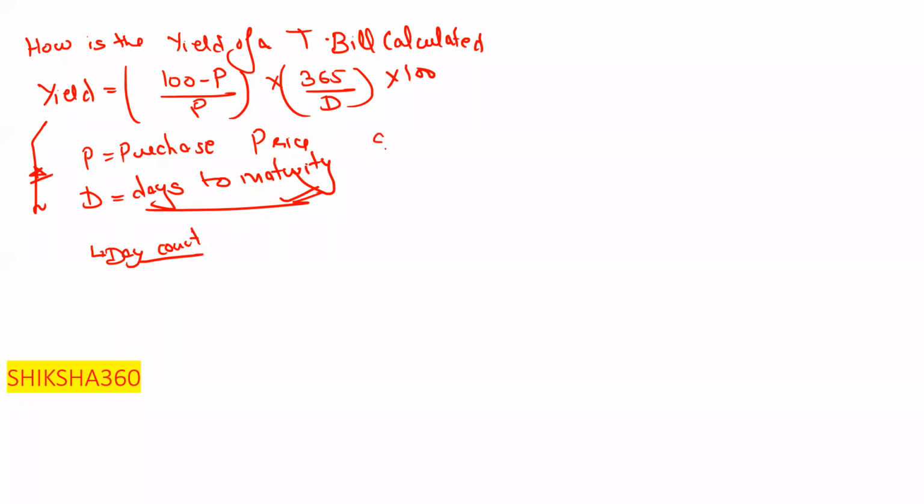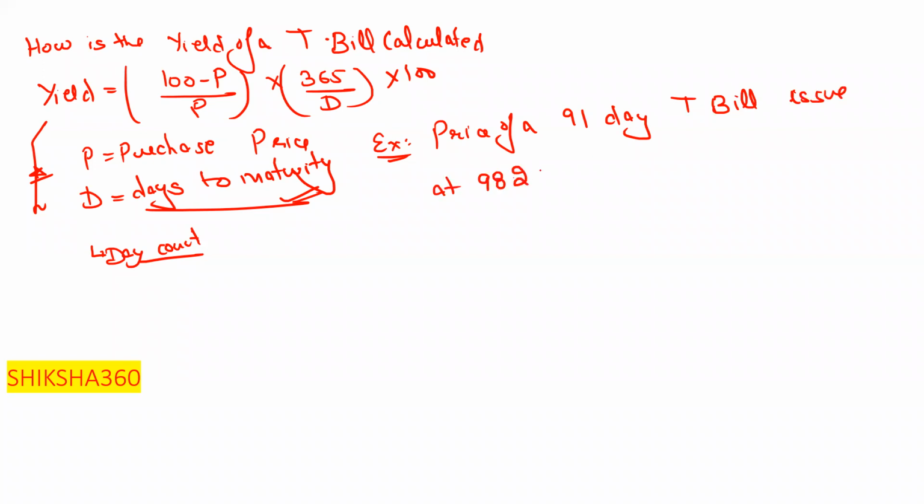For example, the price of a 91-day treasury bill issued at rupees 98.20.